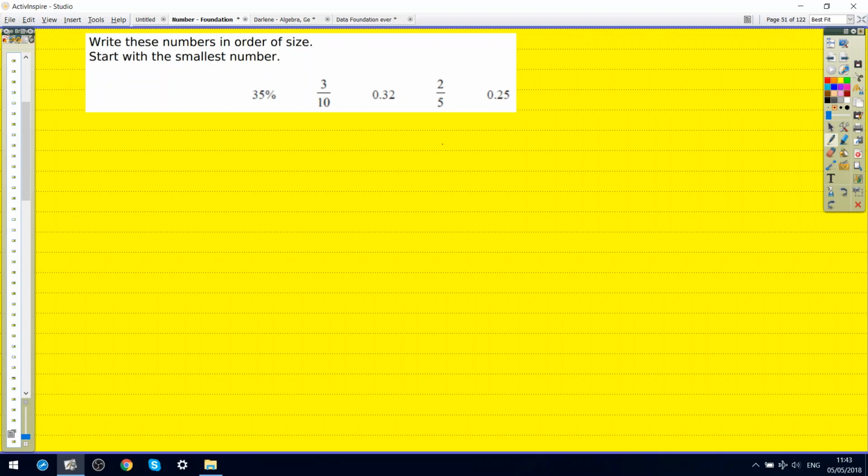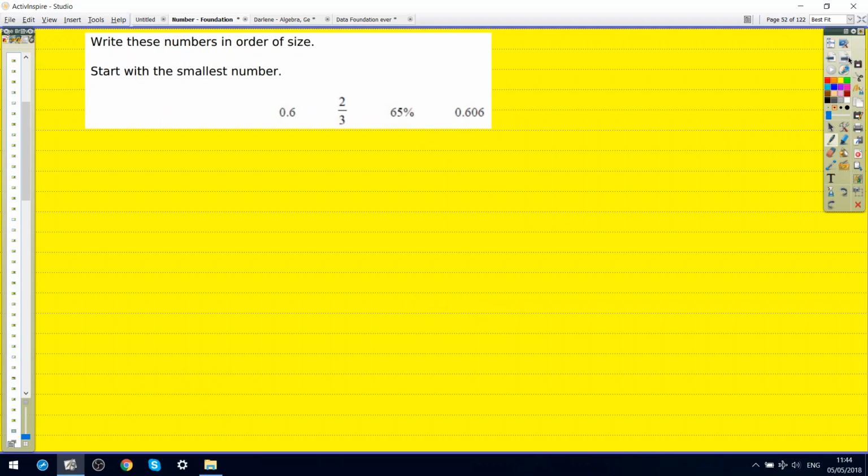Well, 1/5 is 20%, or 0.2. Yeah, and so if it helps, what is 2/5 as something over 10? Yeah, and so 4 over 10, 0.4. So let's see, do that.